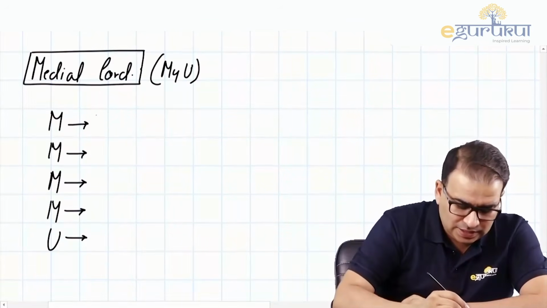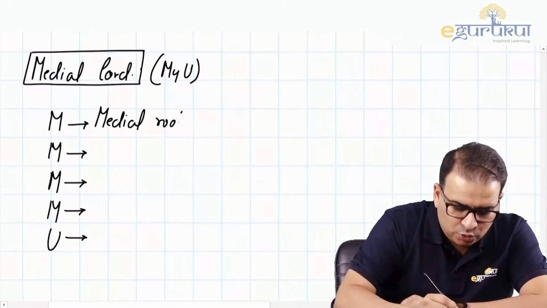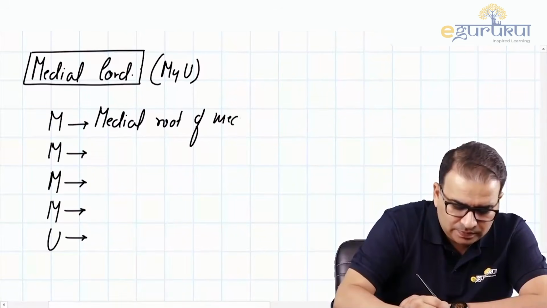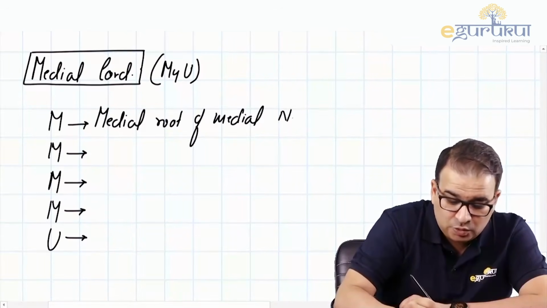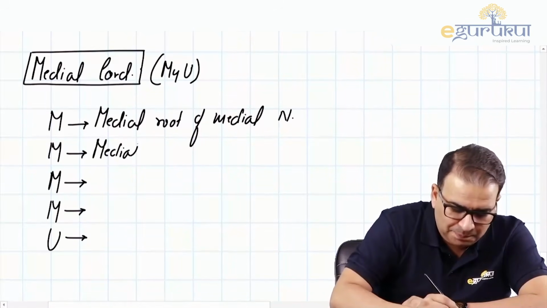Same way, here there is the medial root of median nerve, and this here is the medial pectoral nerve.